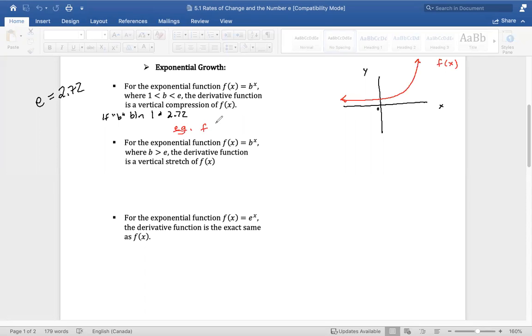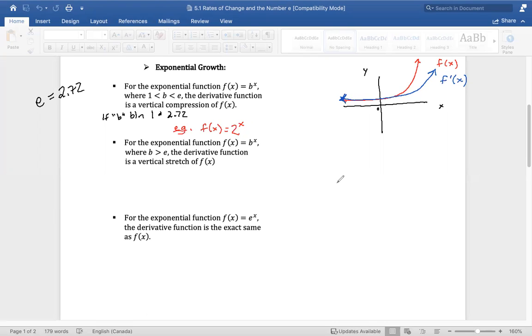If f of x was equal to 2 to the power of x, right? 2 would be between those numbers. Then the derivative of it is going to be a vertical compression. So how do I draw a vertical compression? It would still be horizontal, it's still growth, but compressed means that it's taking a little bit longer, right, to get more vertical. It's more gradual. So this would be my derivative function here.